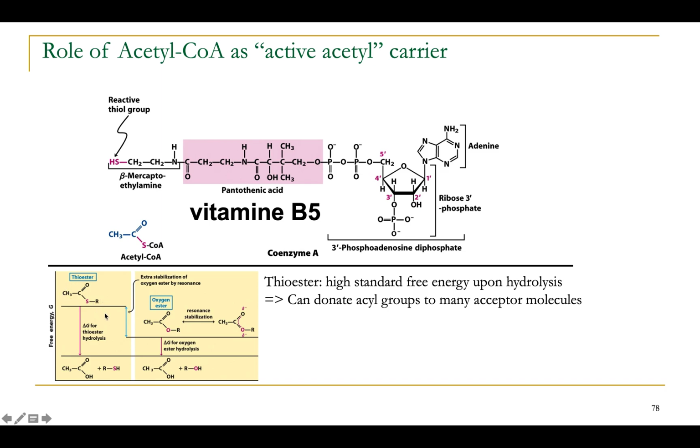This means that the free energy of the thioester as compared to a normal ester is significantly higher, and this is used as a means to destabilize this methyl group to make its further transfer to some other carrier easier, which we'll see later. So this is the chemical logic for producing acetyl-CoA.